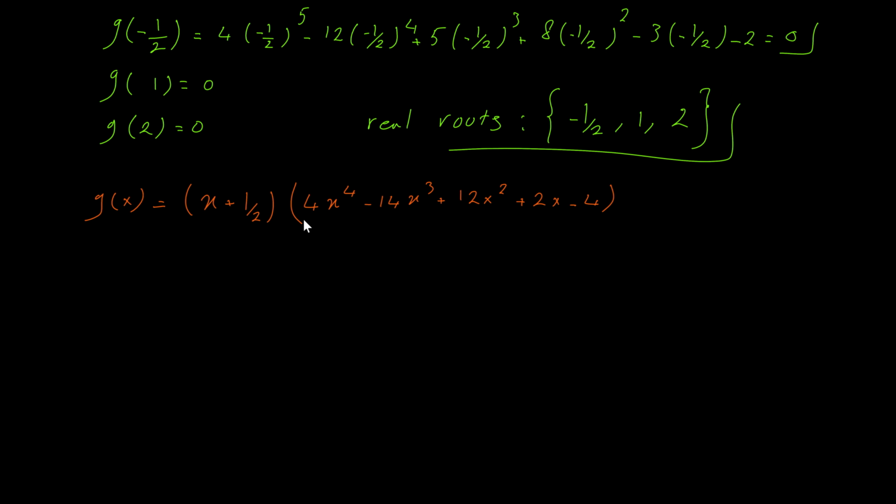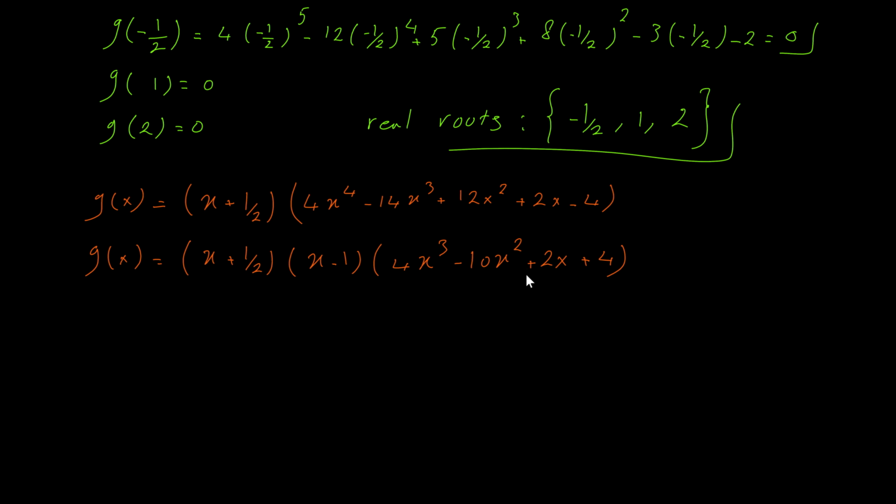Now the second step is that we divide this by x minus 1, and then we get one step closer to the final answer. The remainder is going to be 0, so the quotient is going to be 4x to the 3rd minus 10x squared plus 2x plus 4.